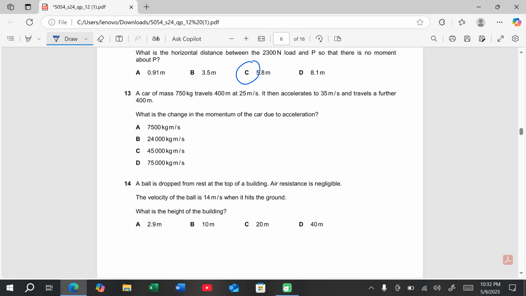A car of mass 750 kg travels 400 meters at this speed. It then accelerates to 35 meters per second and travels a further 400 meters. What is the change in momentum of the car due to the acceleration? So the change in momentum, the momentum is mass times velocity.